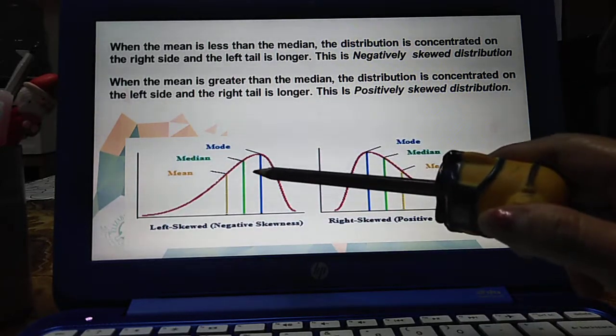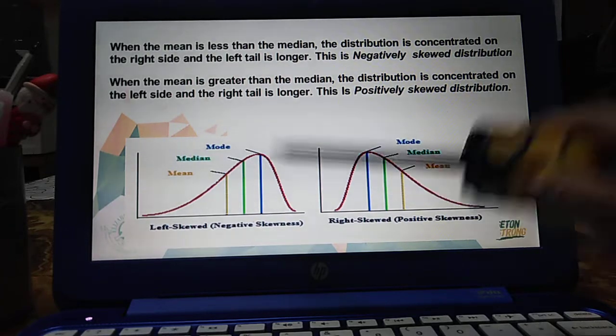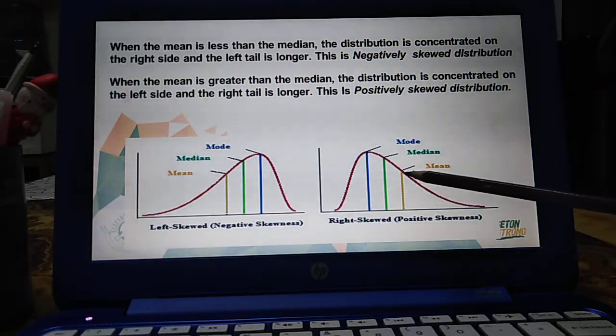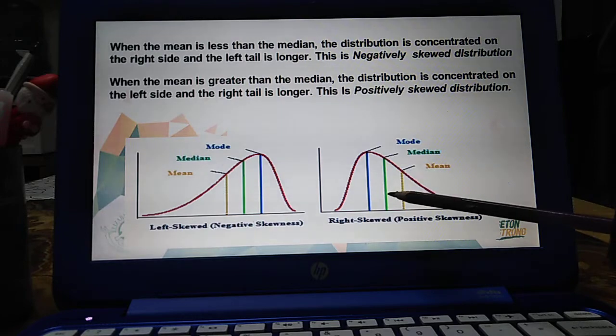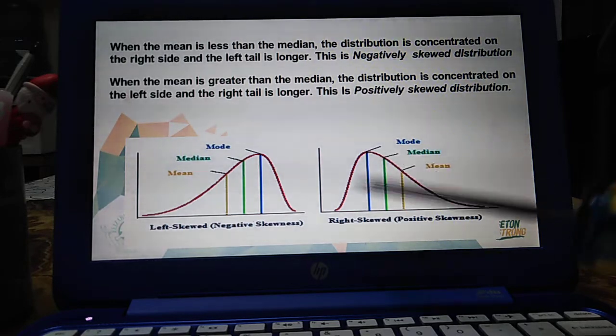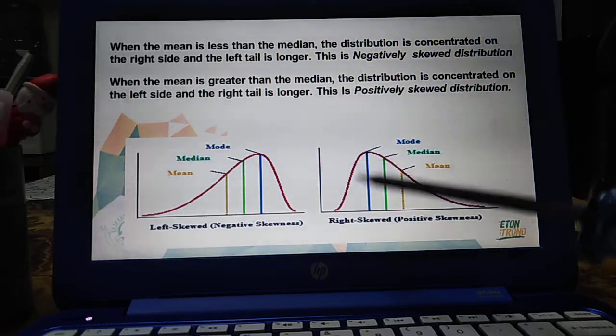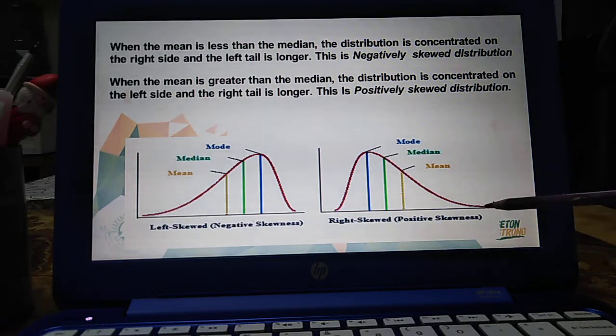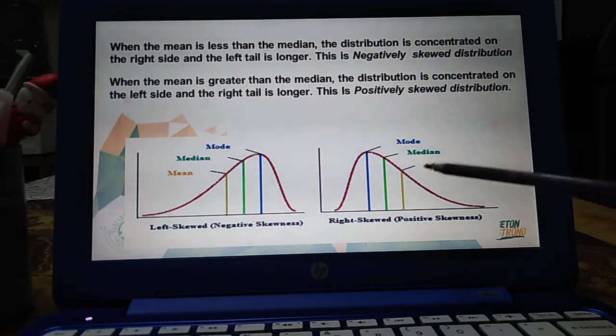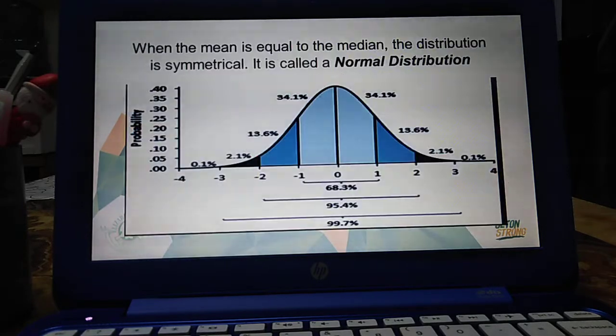We call this negatively skewed distribution. However, when the mean is greater than the median, the distribution is concentrated on the left side of the graph, and the right tail is longer, then this is what we call positively skewed distribution.